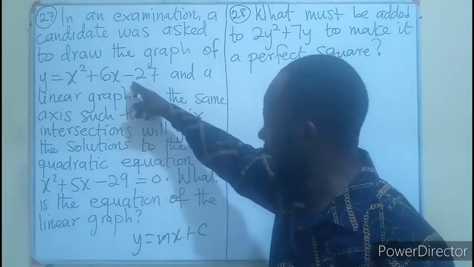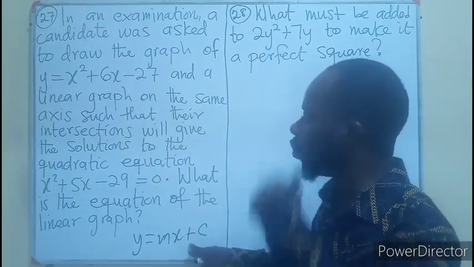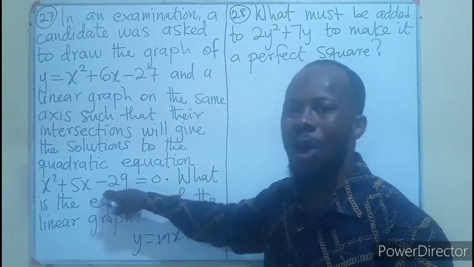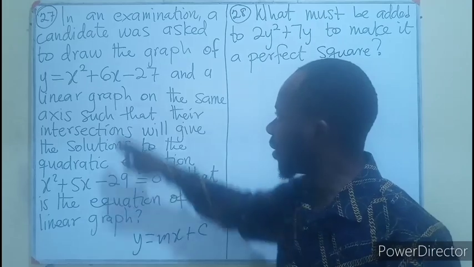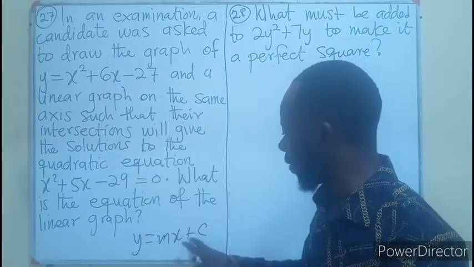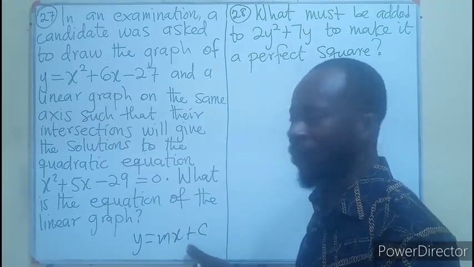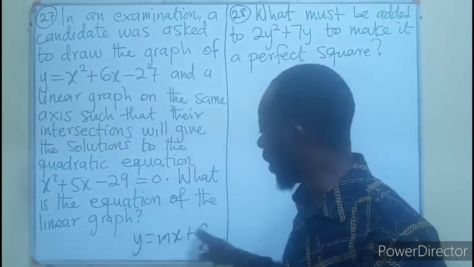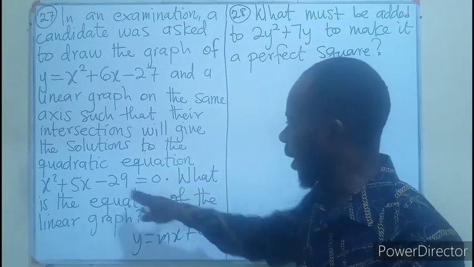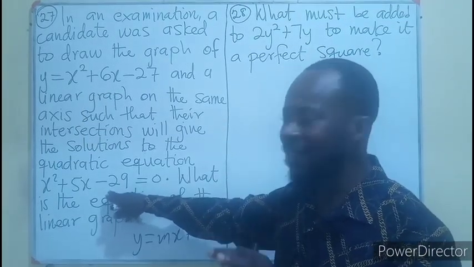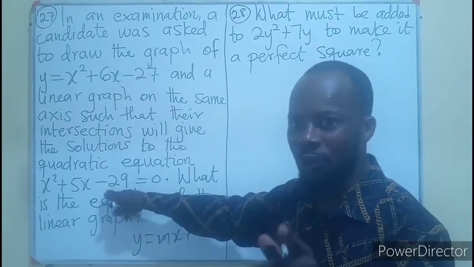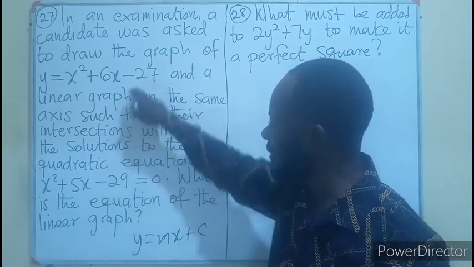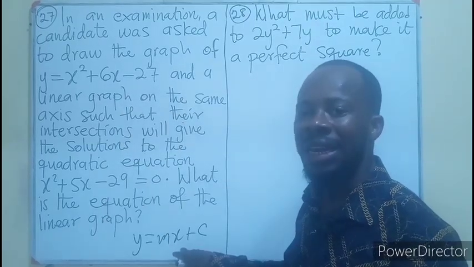That gives rise to a new quadratic equation without the y. Shifting all the terms to one side, you are left with equals 0. So if this plus the linear graph gives me this, then subtracting this from the original should give me back the linear graph.